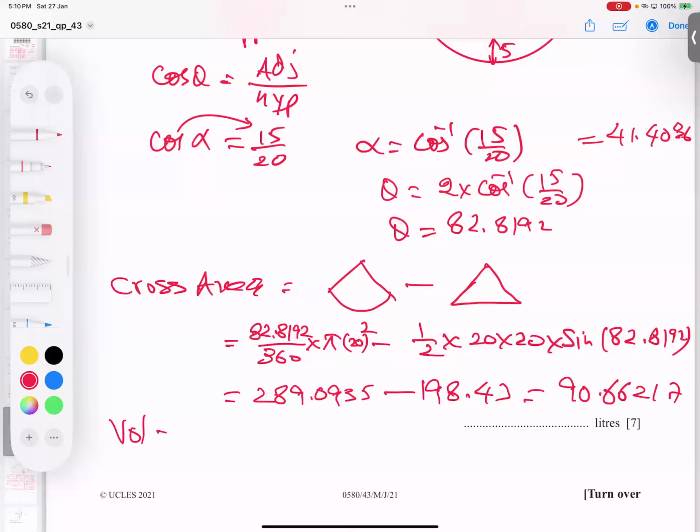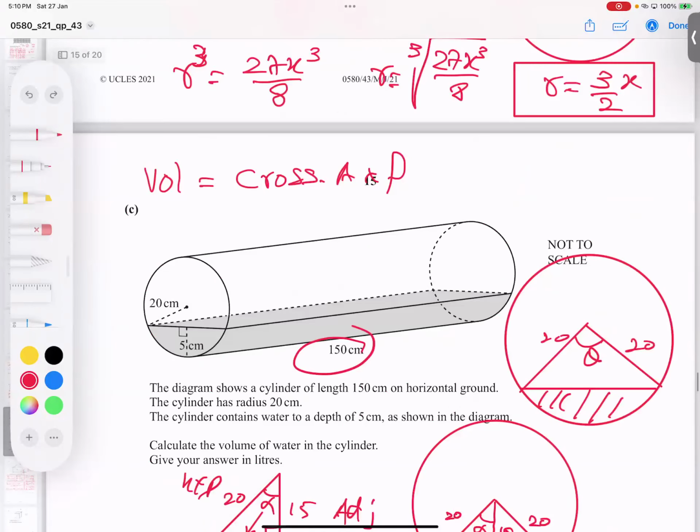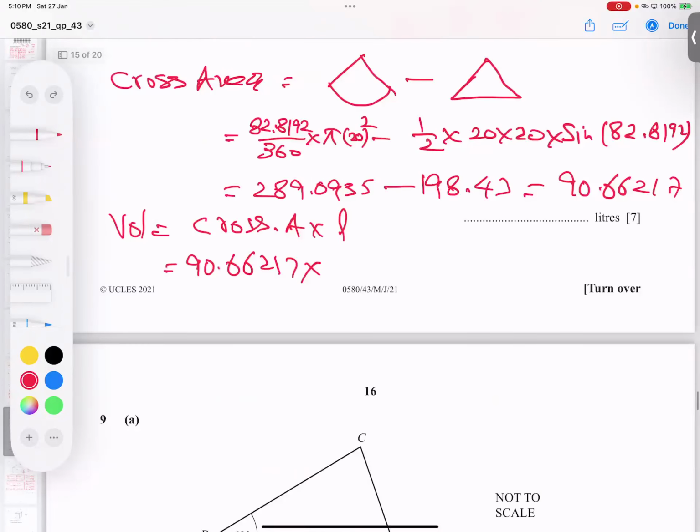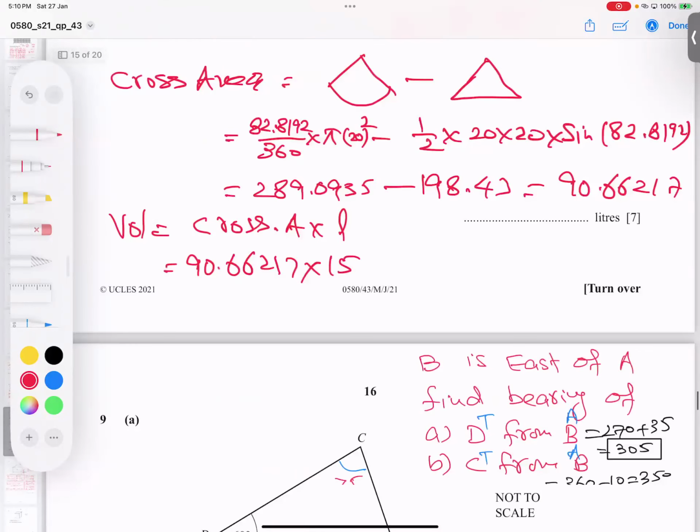As I said before, cross area times length of the container. The cross area is very clear, and the length of the container is 150 centimeters, and I multiply by 150. So wait a minute, and I got here 13599.32 centimeter cube.